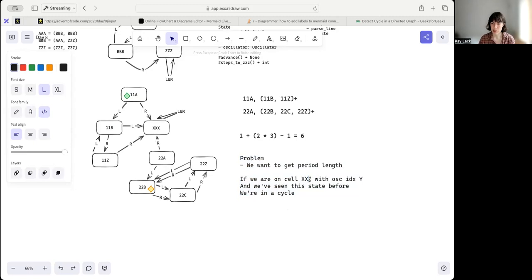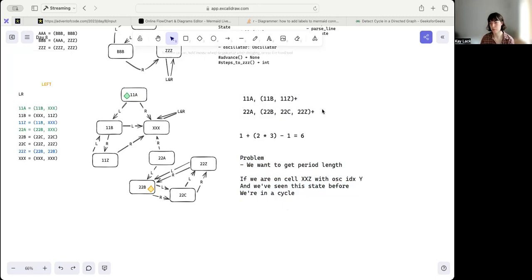So if we're on something that ends with a Z with oscillator index Y, and we've seen the state before, we're in a cycle. So what we want to be able to do is to determine the cycle length between Zs and Zs. And they could also be offset, right? So yeah, okay. We could visit multiple Zs, and it's not that everyone's going to have its own Z as well.